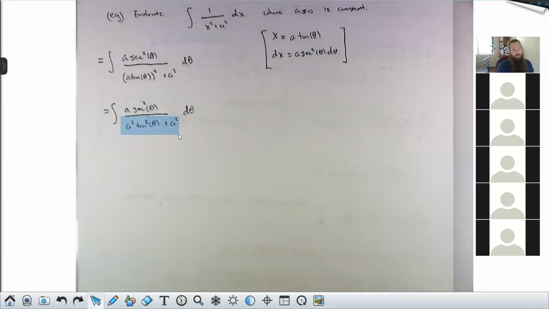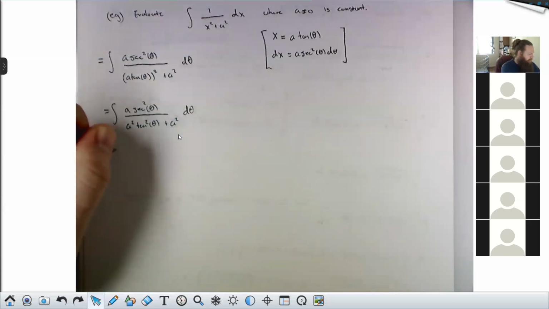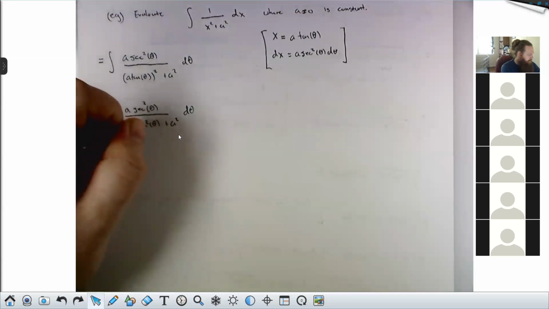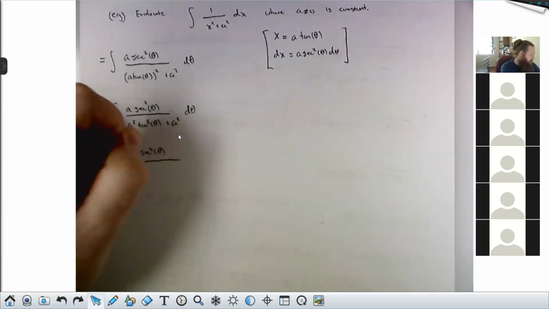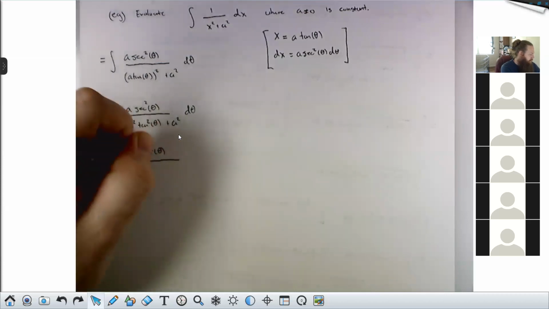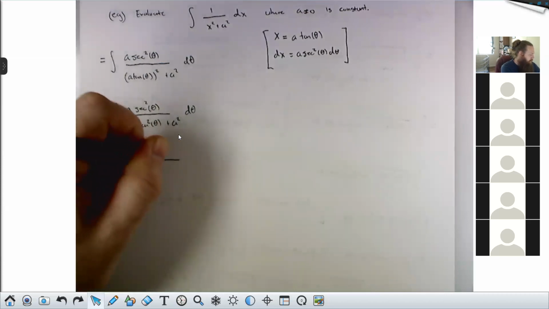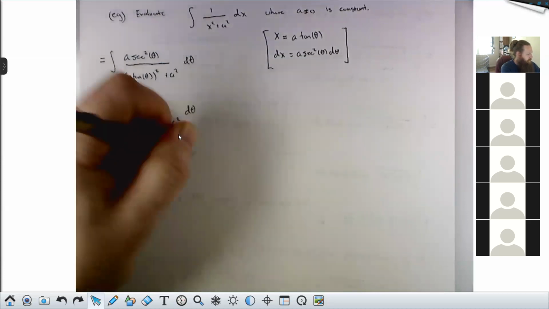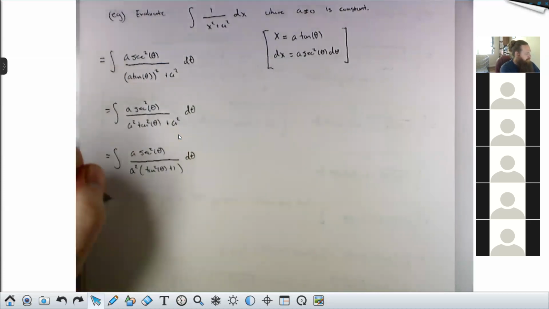If this was all under a square root, what would we do next? Factor out a squared, yeah, and then change with trig identities. Very good. Let's do it. So this is a secant squared theta divided by a squared times tan squared theta plus 1 d theta.